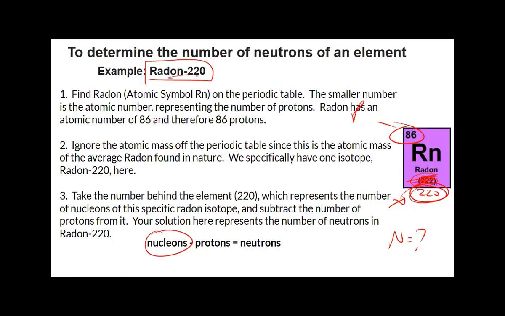But when I say radon-220, you would take that 220 and subtract the number of protons from it, right there. That's always going to be the proton number. I'm never going to cross this one out. So when I change this, I'm just changing the number of neutrons, because radon, to be radon, has to have 86 protons. I subtract the protons from it, and I get the number of neutrons as a result.